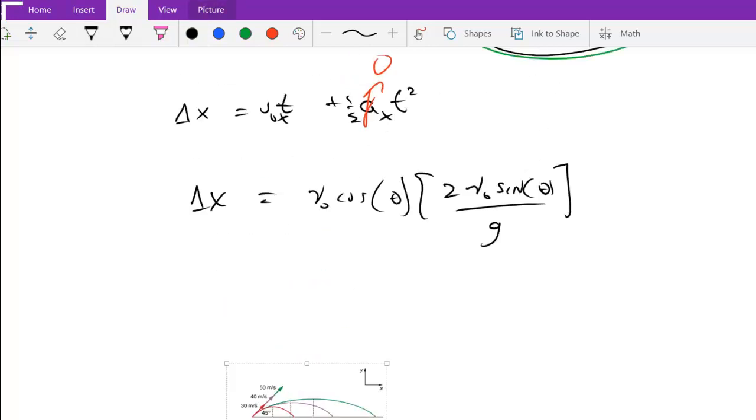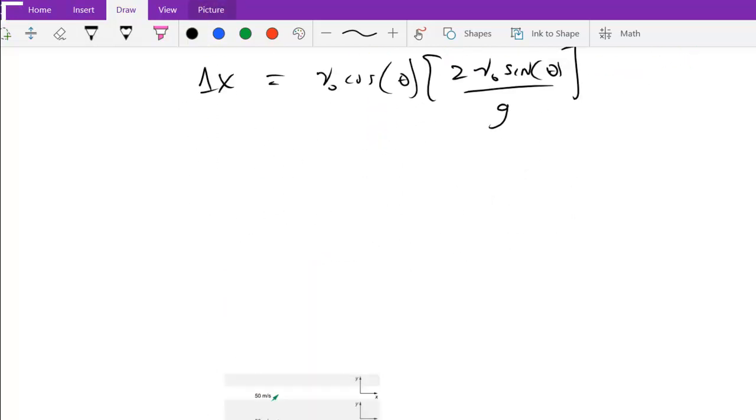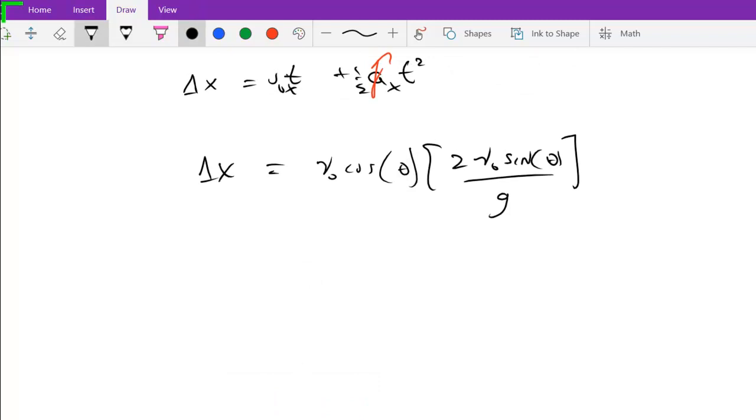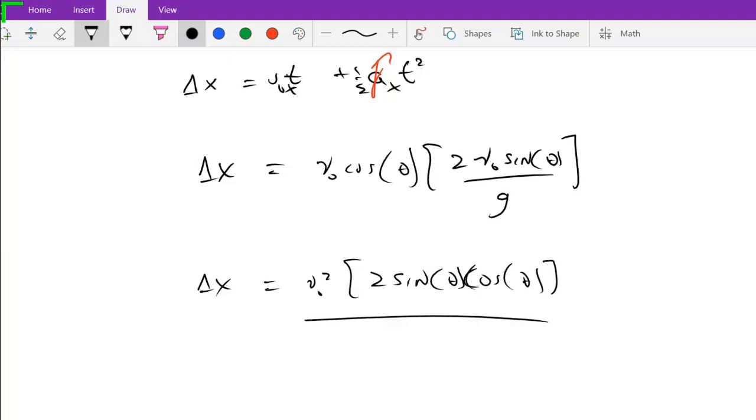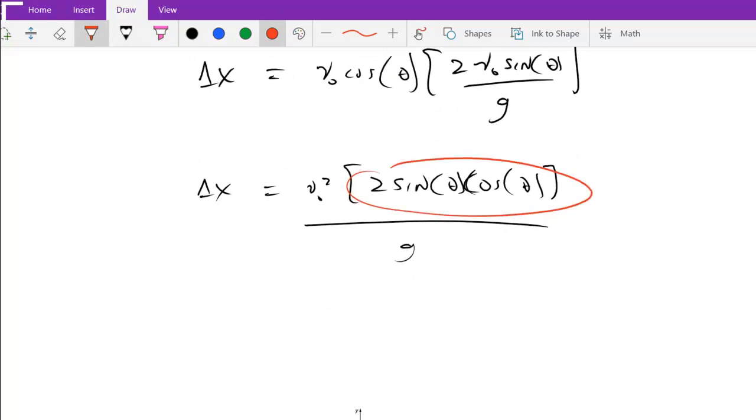And so then our delta x here is equal to v naught squared times 2 sine theta cosine theta all over g. But this is a trig identity: 2 sine theta cosine theta is the sine of 2 theta.